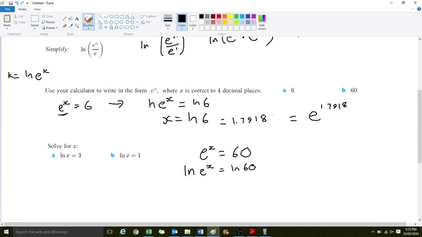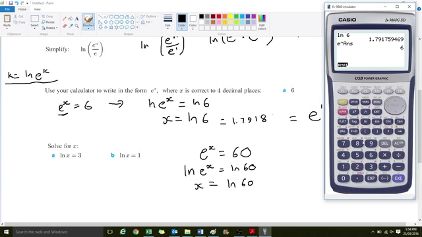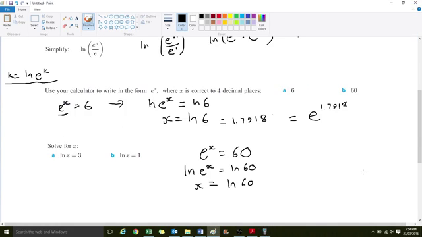Now, ln and e cancel each other, and we remember that from the law up here again. So this just becomes x equals ln 60. We put ln 60 in the calculator, and we get 4.0943.